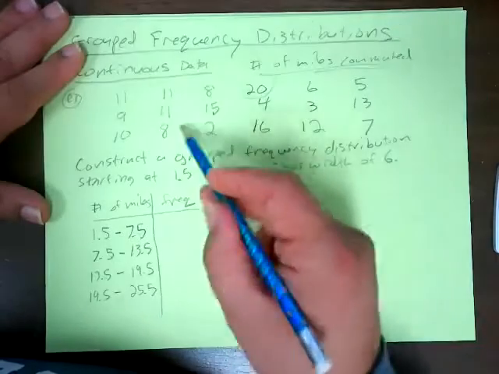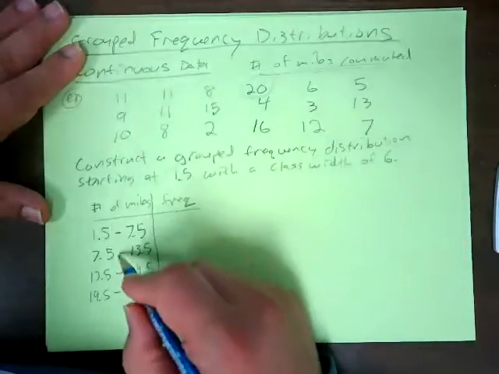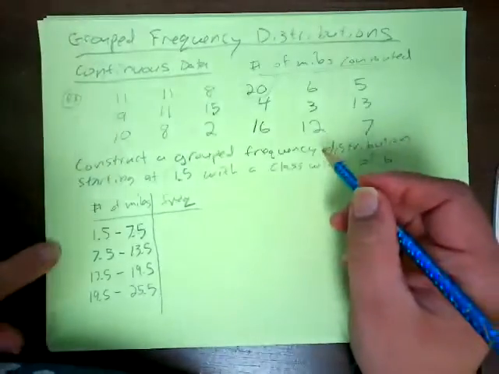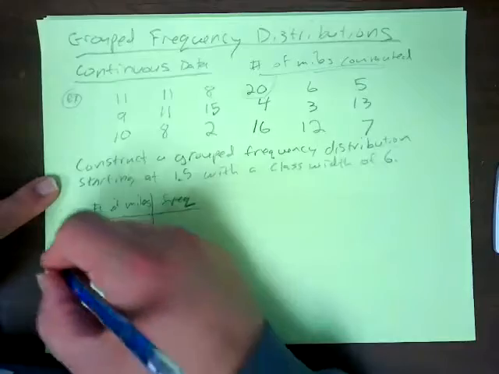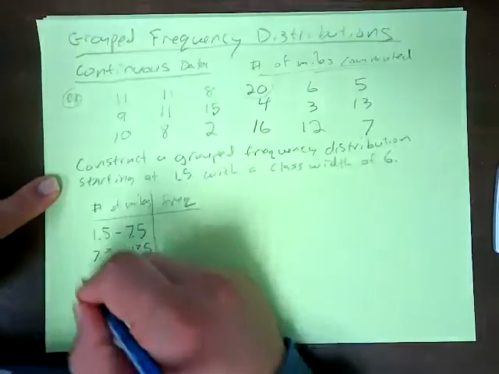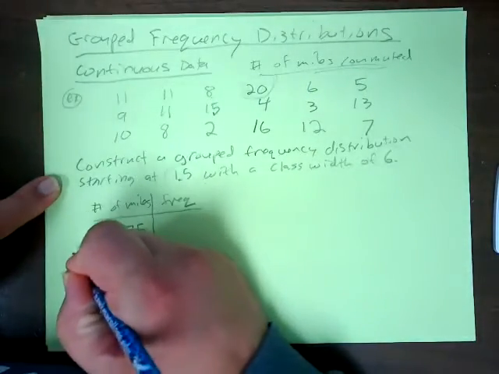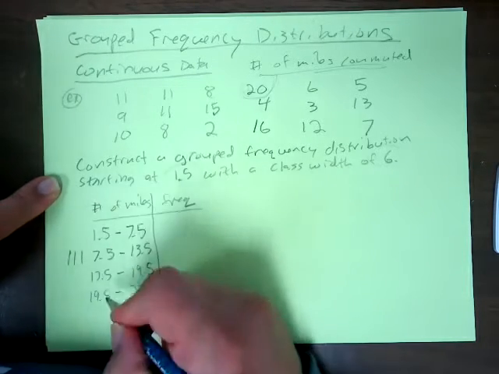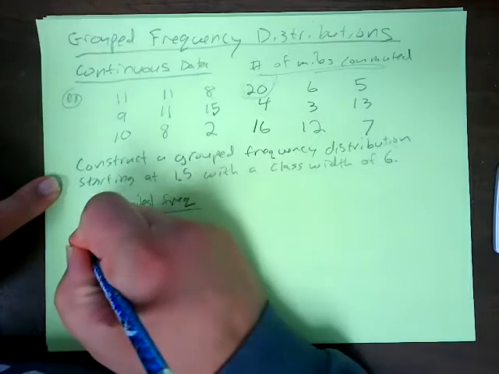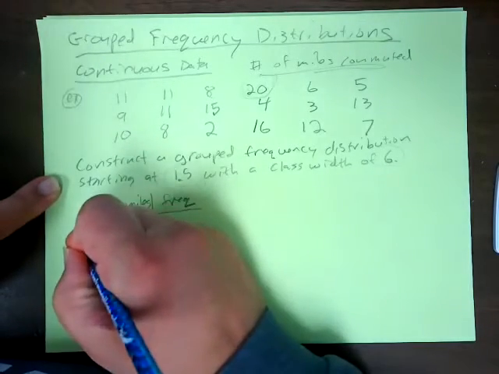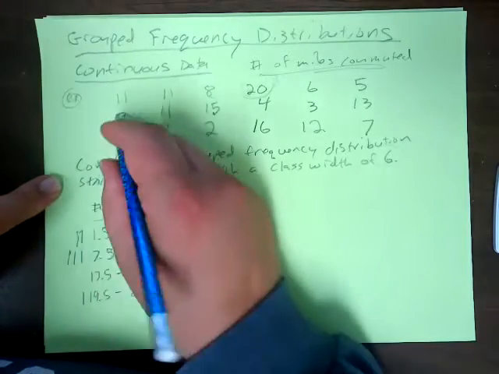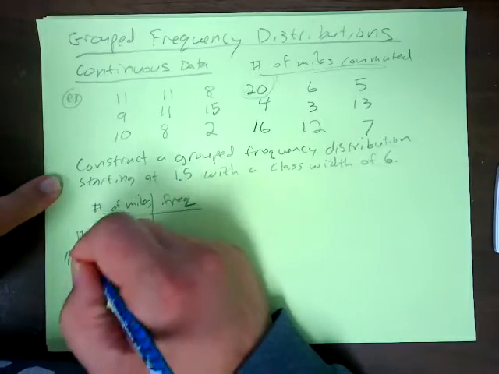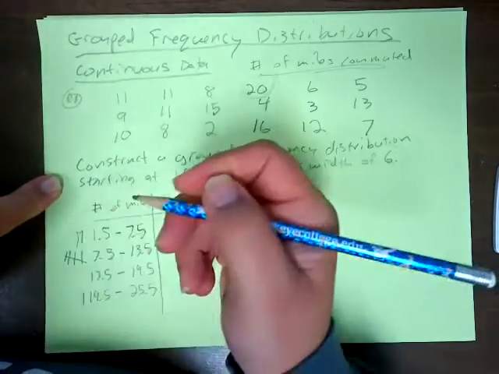It's actually kind of hard to get all the values here that lie in each class because they're so random and it's easy to miss them. So what I do is over here I'm going to put little hash marks. So 11 would go here, 11 here, 8 is here, 20 is actually here, 6 is up here, 5 is up here, and 9 is right here, and 11 right here.